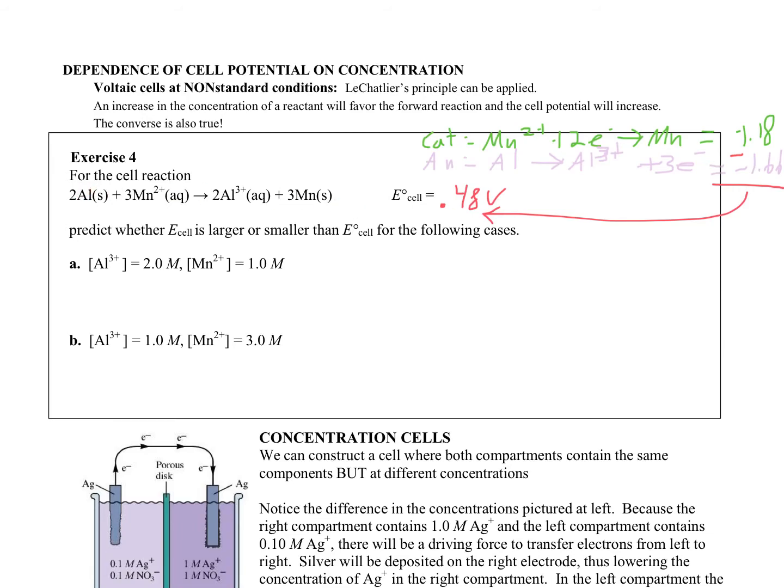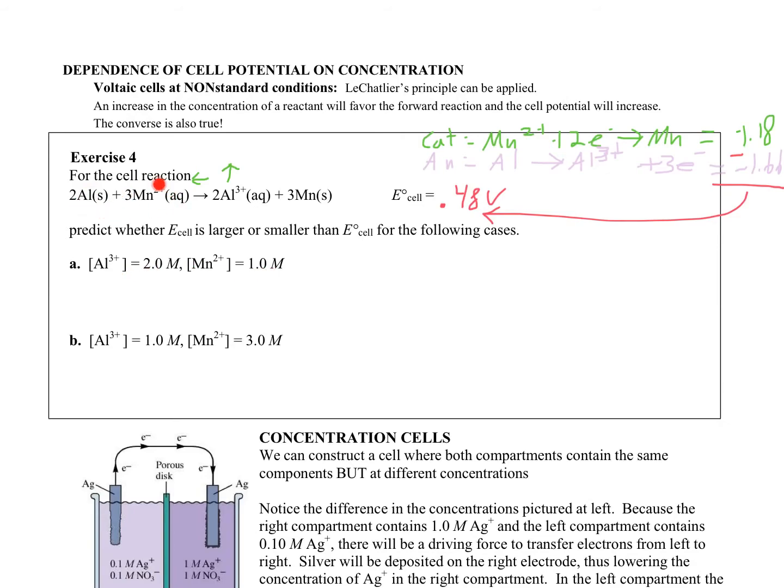To predict what would happen if I change my concentrations, we're just going to look at add away, take towards. If I make my aluminum ion concentration greater, we're going to do add away, which means we're going to shift towards the reactant side.